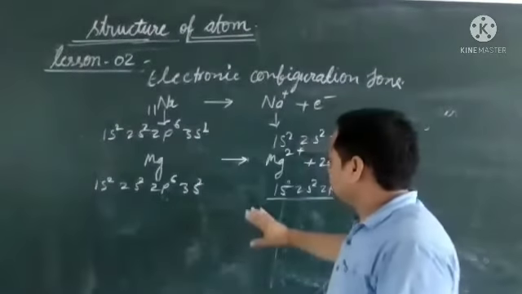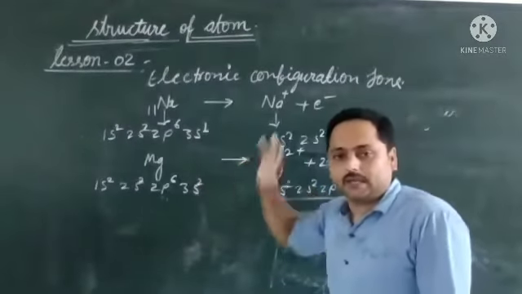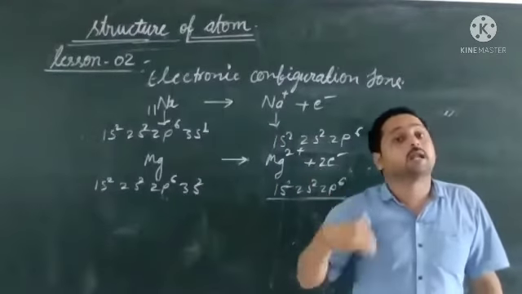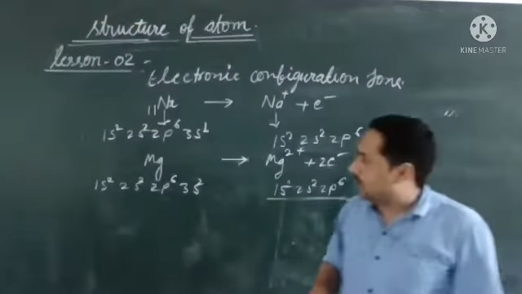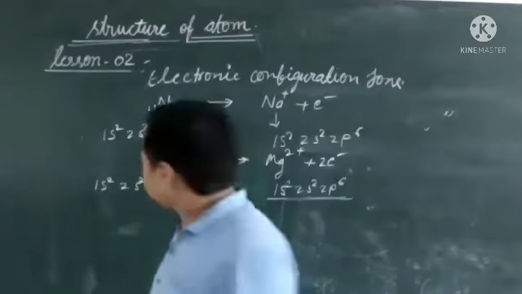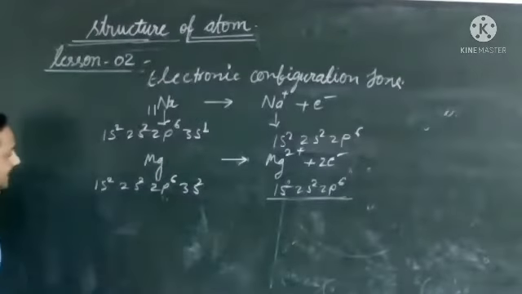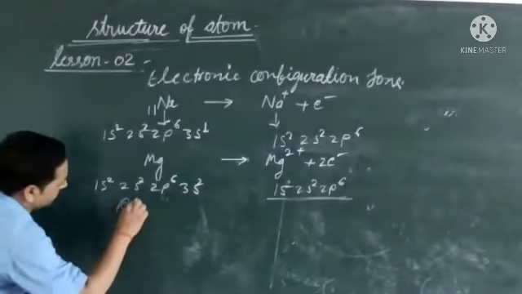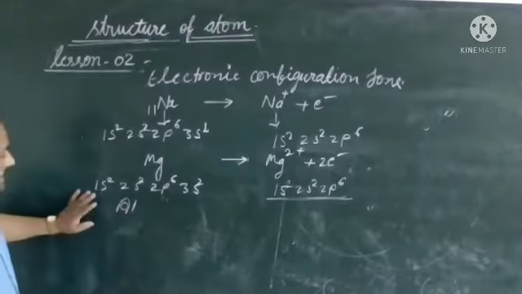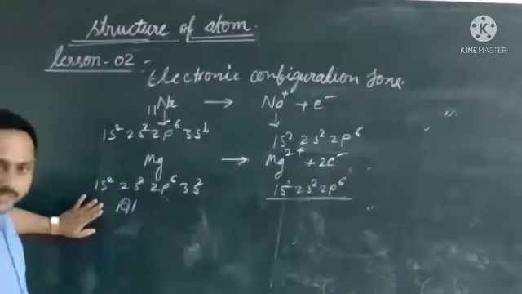Got it? So like this, we can write the electronic configuration of other atoms. I am writing here aluminium. Atomic number of this one is 13.